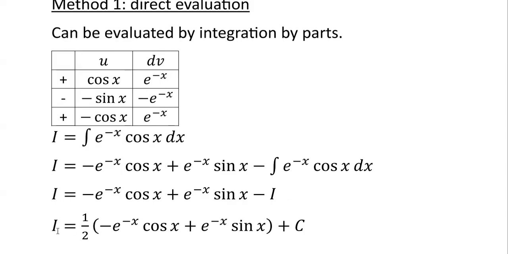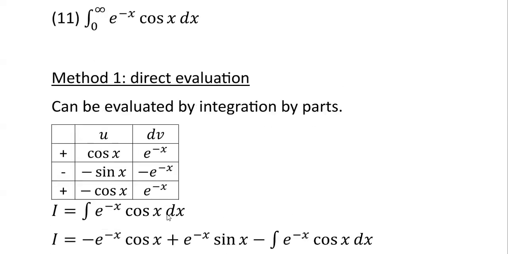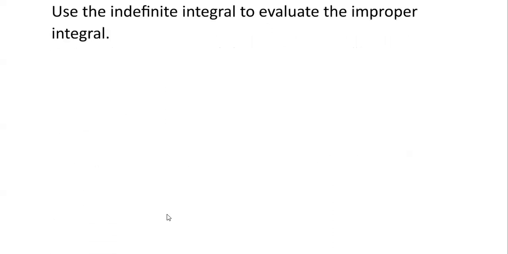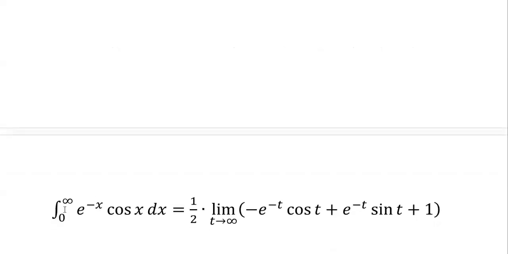So the integral is half times negative e to negative x cosine x plus e to negative x sine x plus c. Okay, so I evaluated the indefinite integral first. And then I'm going to use this antiderivative to evaluate the improper integral up here. So we write it in the proper limit notation, limit as t approaches infinity.